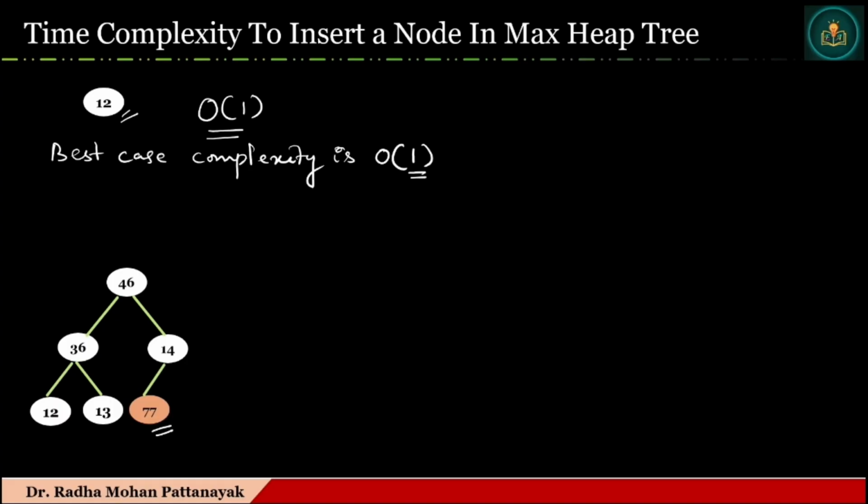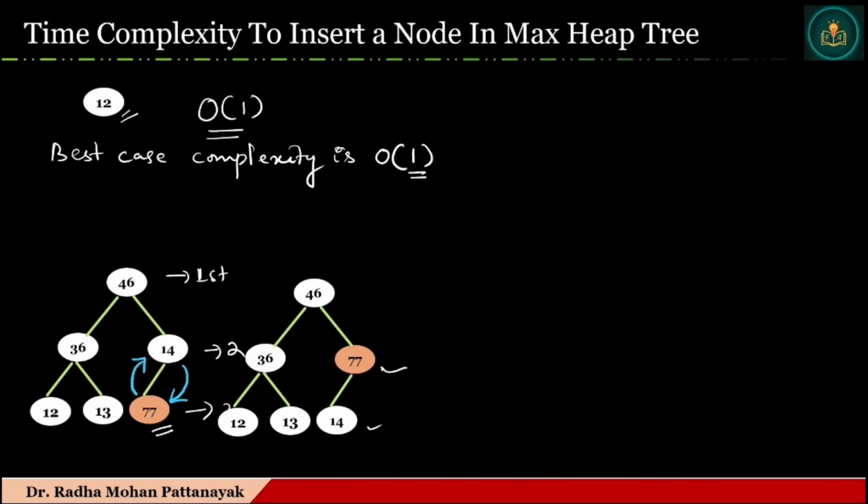Now we will discuss the time taken to insert 77 into the heap tree. So you know that to place 77 into its appropriate position in the max heap tree, we performed several comparison as well as swapping operations inside the tree, isn't it? In this example, first we compared 77 with 14 in the second level. When we compare 77 with 14, 77 will move up and 14 will come down. Then we compared with 46 in the first level, right?